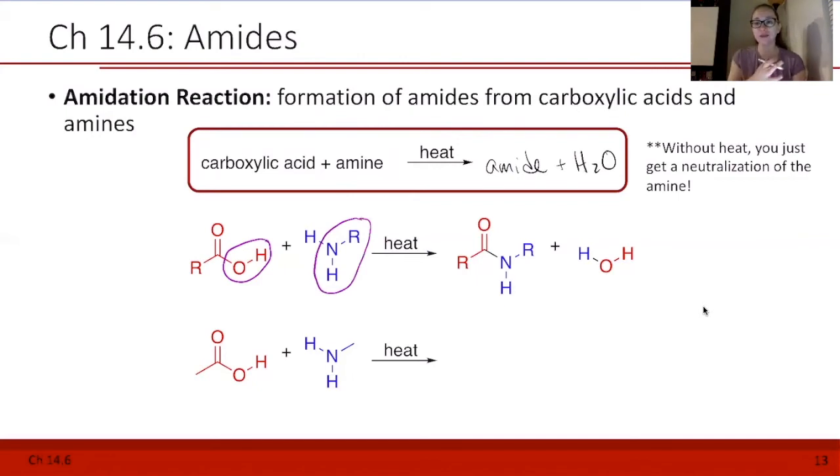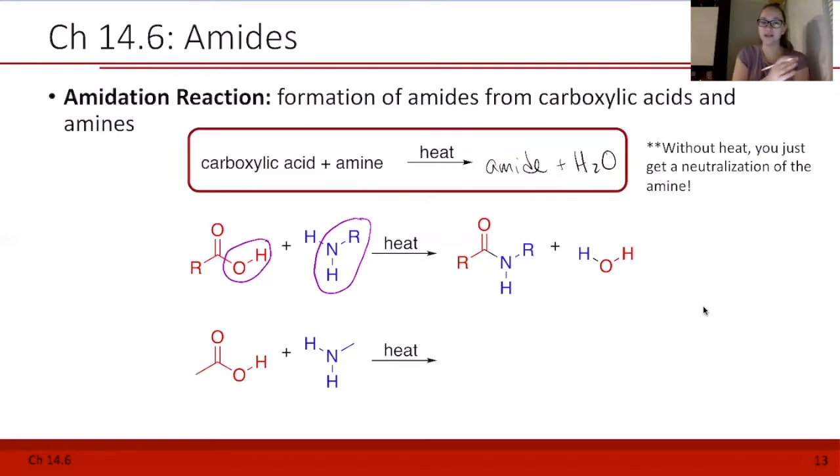The one thing you have to leave off is a hydrogen. So if you have, for example, a tertiary amine, this won't work. It will only do a neutralization reaction. It will not do an amidation because you have to have a hydrogen to be able to give to water.